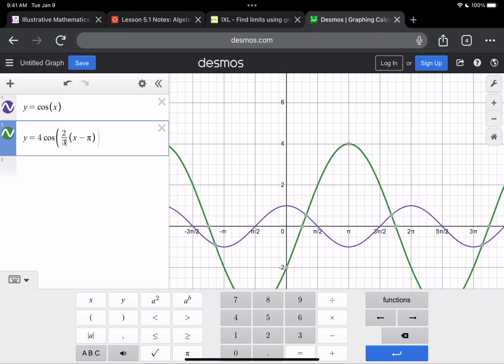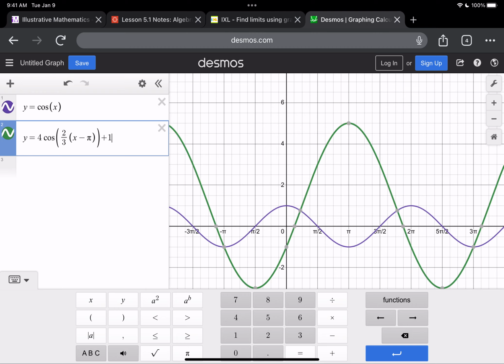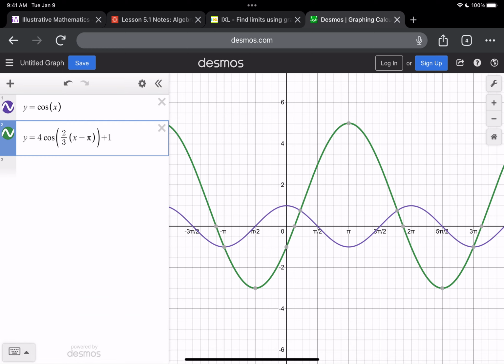That changes the period, so it makes the graph go a little further out. I'm already doing my phase shift and then my plus 1. So this looks really, really crazy. Let's figure out how we can draw it, right? Because that's going to be the biggest issue.